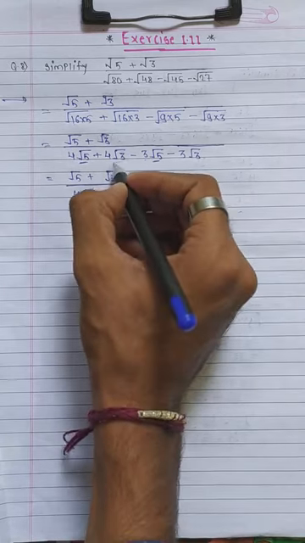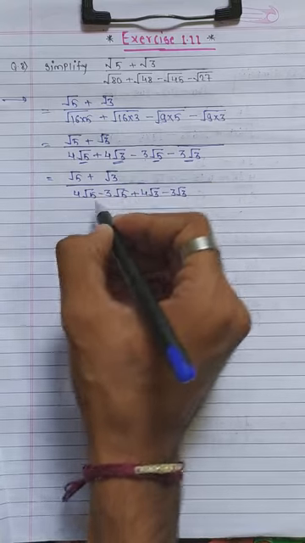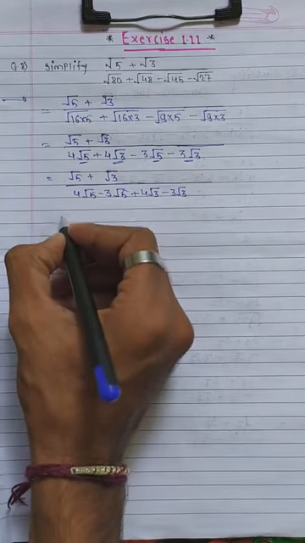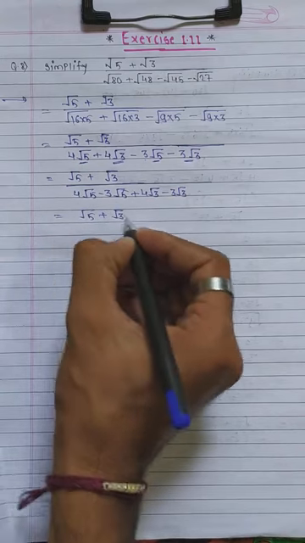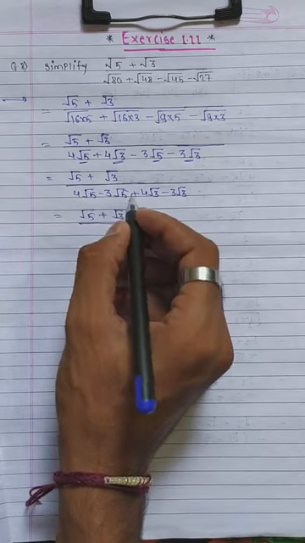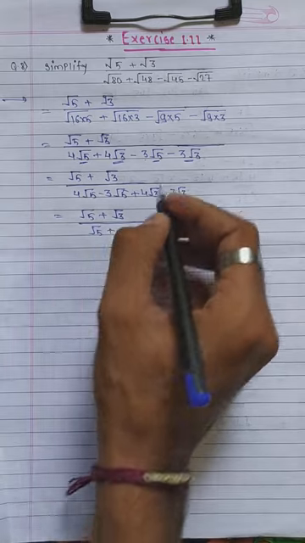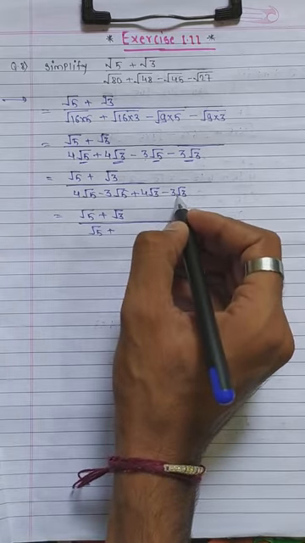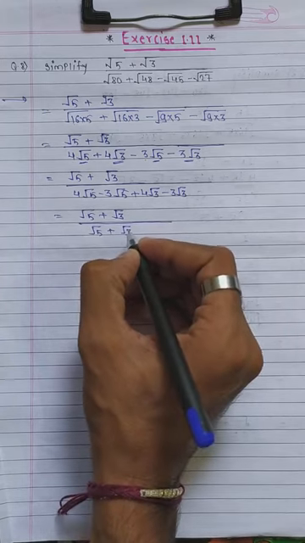These two are the same irrational number and these two are the same irrational number. So root 5 plus root 3 upon 4 square root of 5 minus 3 square root of 5 is nothing but 1 square root of 5, plus 4 square root of 3 minus 3 square root of 3, so 1 square root of 3, right?